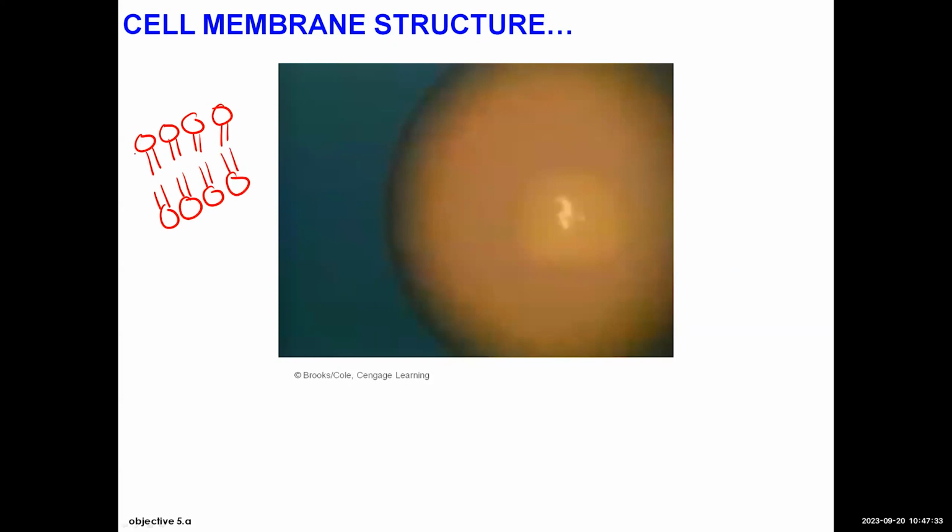This means that they can move around. They do have some hydrogen bonds between their tails, but those are easy to break. So the entire membrane is essentially a fluid that is lacking rigid bonds. So those hydrophilic, hydrophobic properties are what make that cell membrane stay.